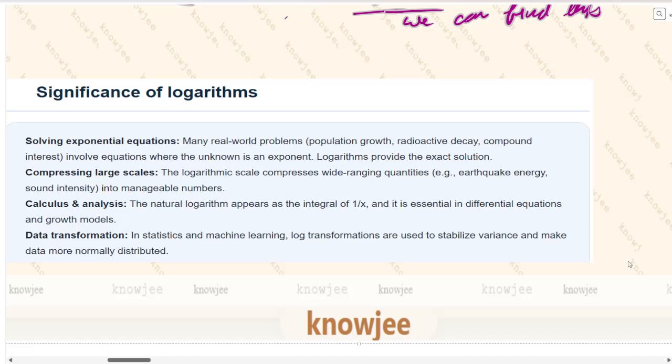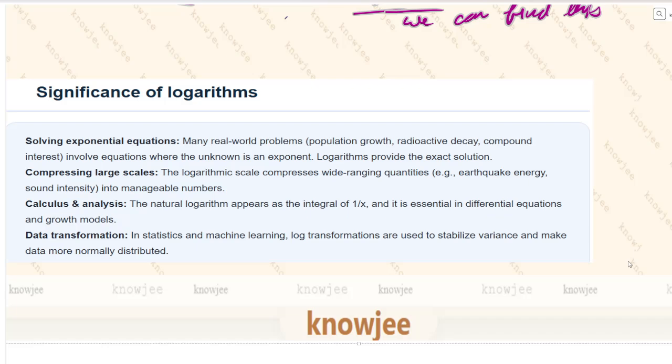Why do we need logarithm? We need logarithm in exponential equations, like when solving equations with exponential powers. We need it to compress larger scales like earthquake and sound intensity, so they are defined in a logarithmic scale.